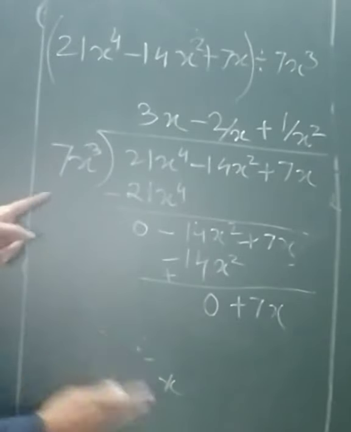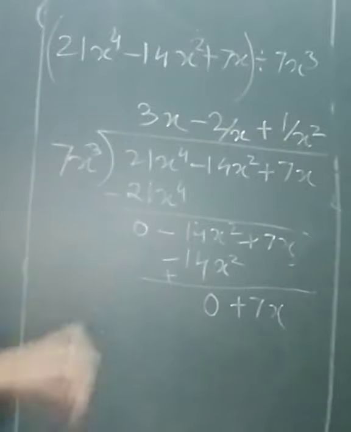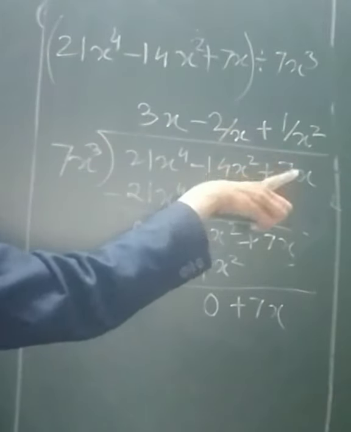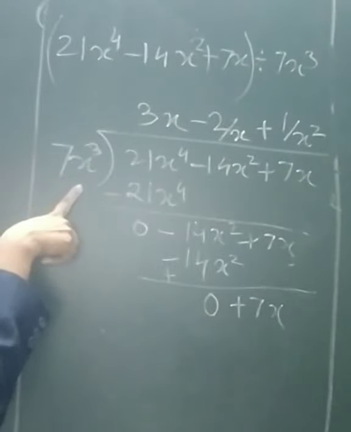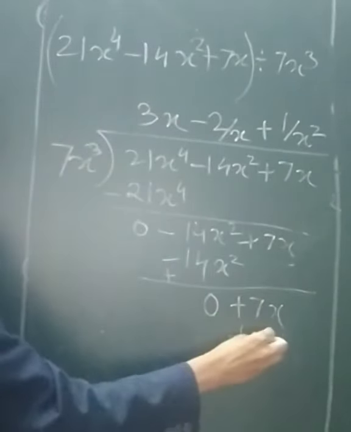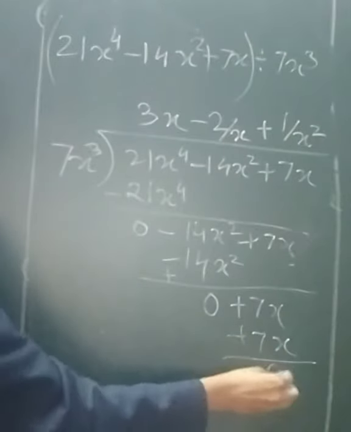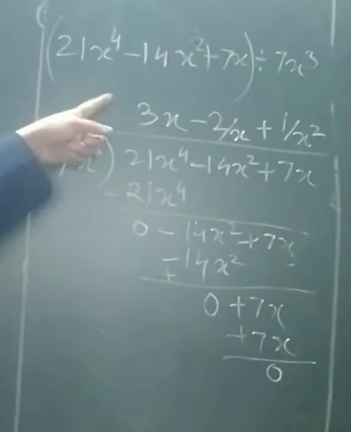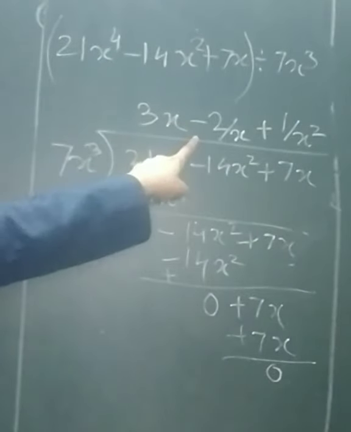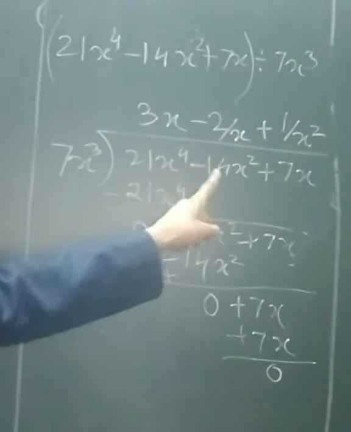And 7 to 7 has 1, that's why I have written 1. So this 1 upon x square multiplied by 7x cube, we get 7x only. Okay, so the remainder becomes 0 and the quotient becomes 3x minus 2 upon x plus 1 upon x square.